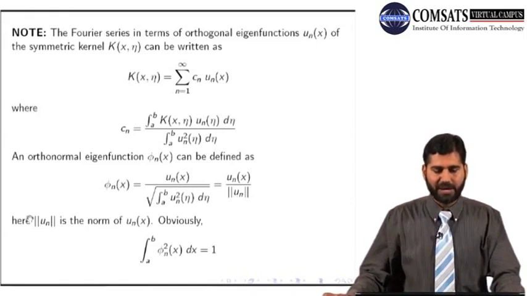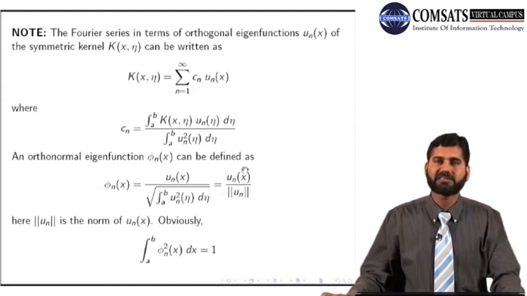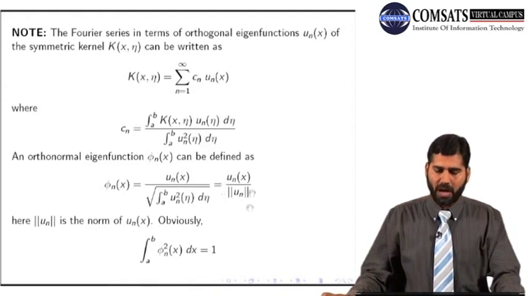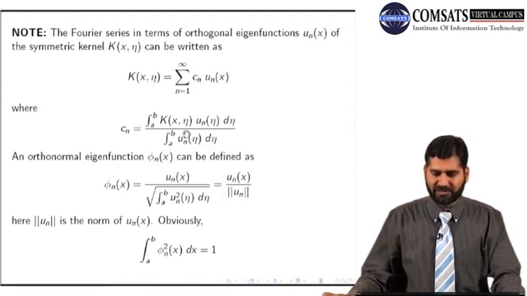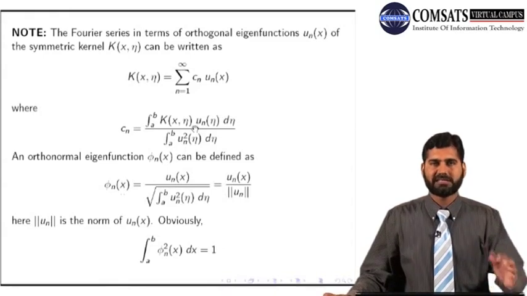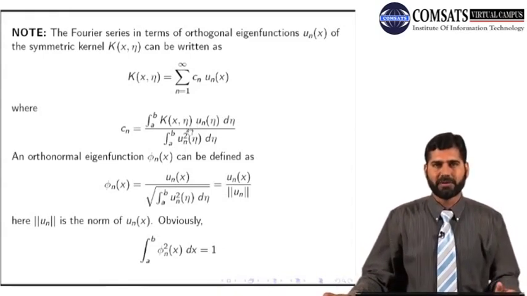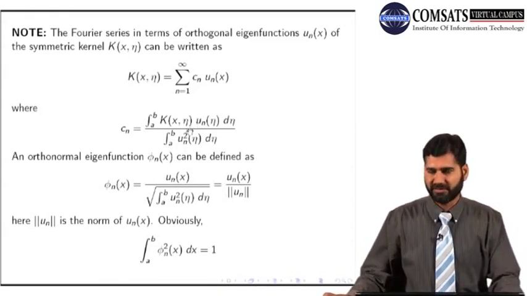Alright, so here un over the norm of un of x. Obviously, now if you take the inner product of this function, it gives you 1. Why did we do that? We want to get rid of this denominator. If I replace un by phi n, of course this term will be equal to 1 with the help of this expression. So Cn will be easier to remember. The formula will be simplified for Cn.